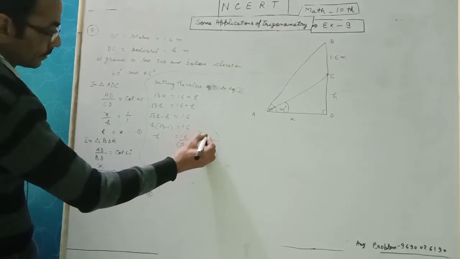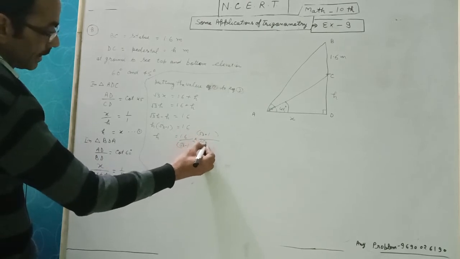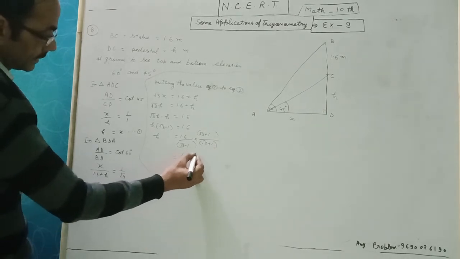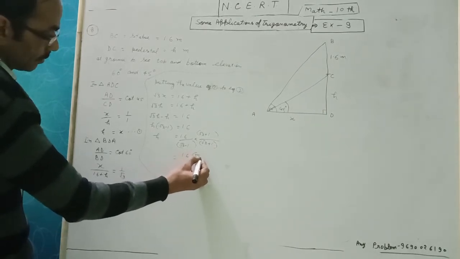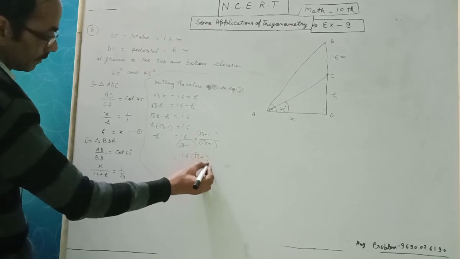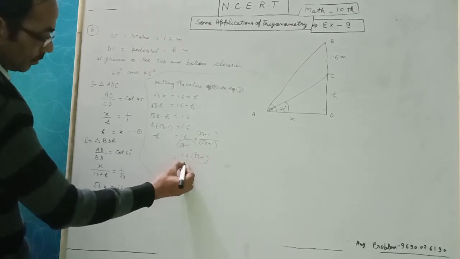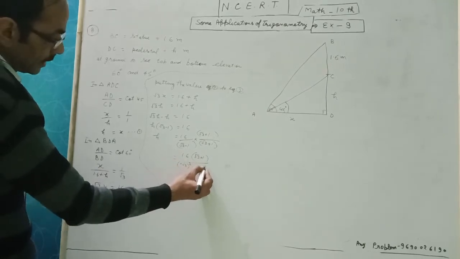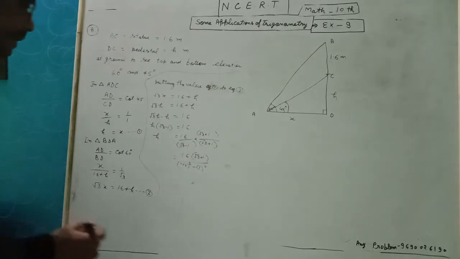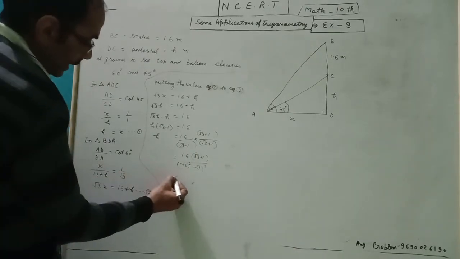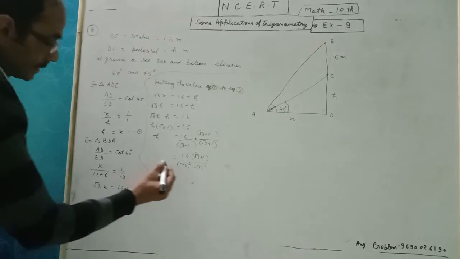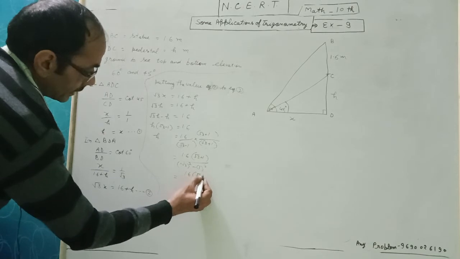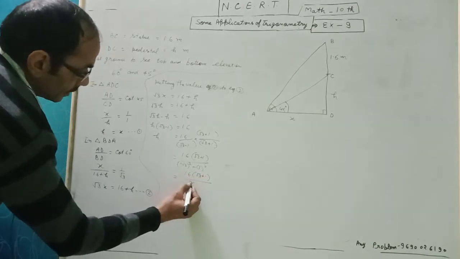Rationalization of the denominator: 1.6 bracket under root 3 minus 1 plus 1 upon under root 3 square minus 1 square. Using the identity a minus b, a plus b, we get 1.6 bracket under root 3 plus 1 upon 3 minus 1.